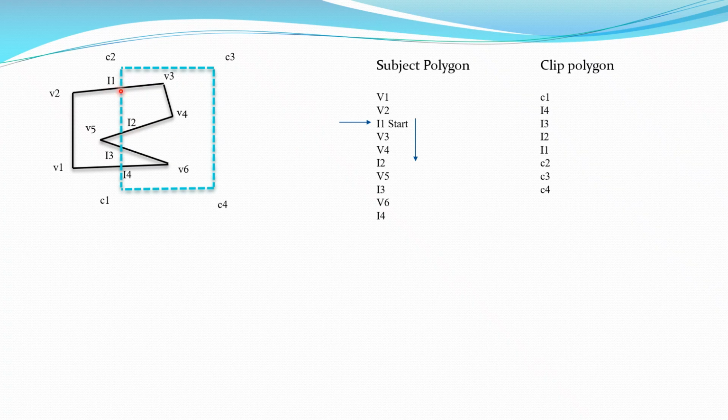The edge enters here and ends here because the intersection is reached. So I1 to I2. Here the start is I1, V3, V4 and I2. Here it is ending. Now I2 will appear in the clipping window, so we have to jump to that. Okay, I2, then move on to this.